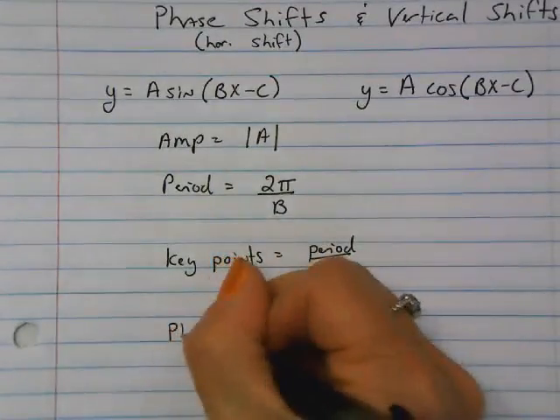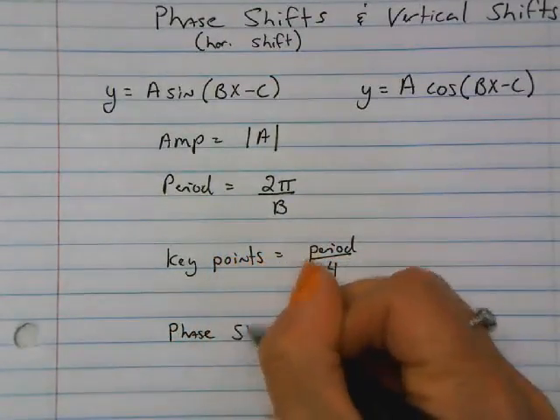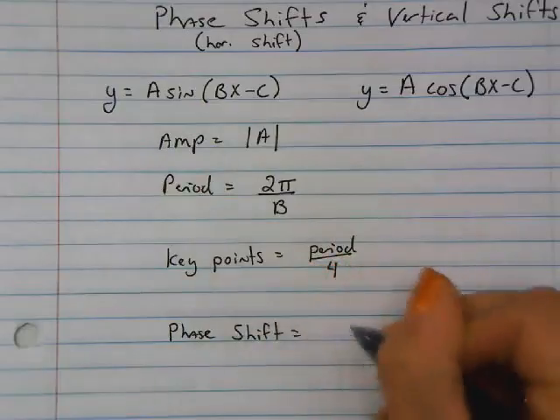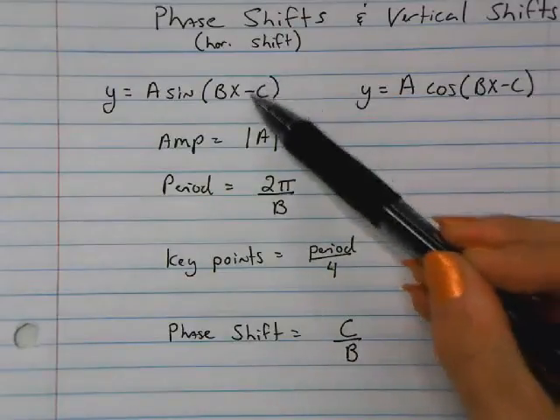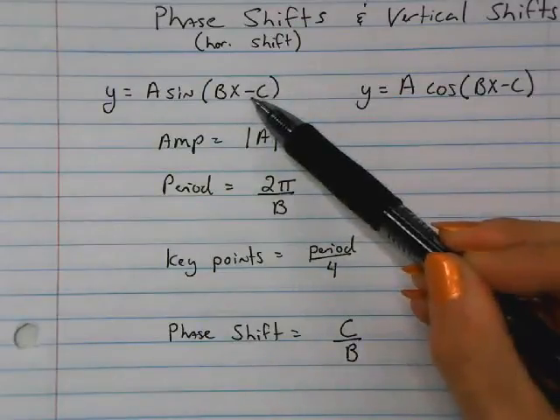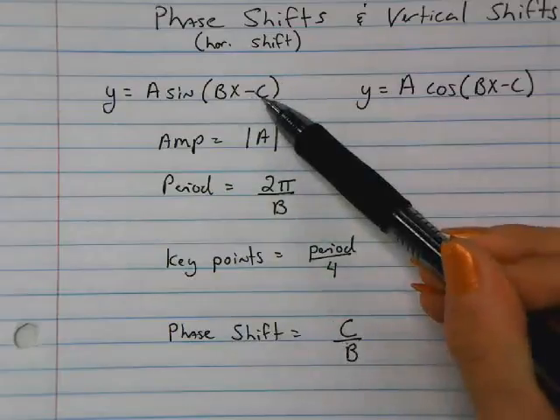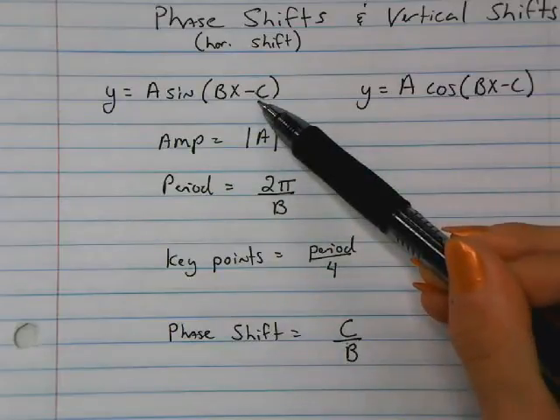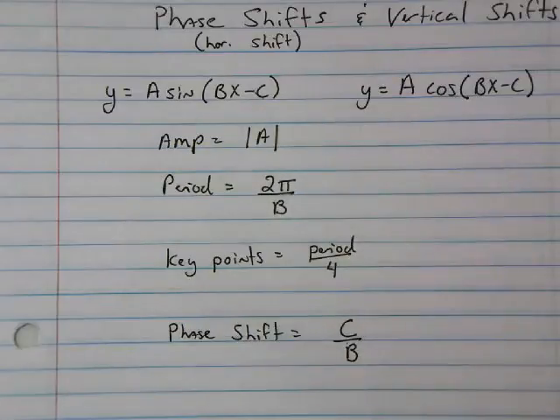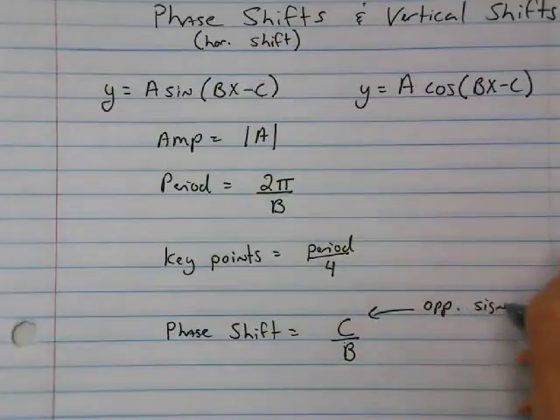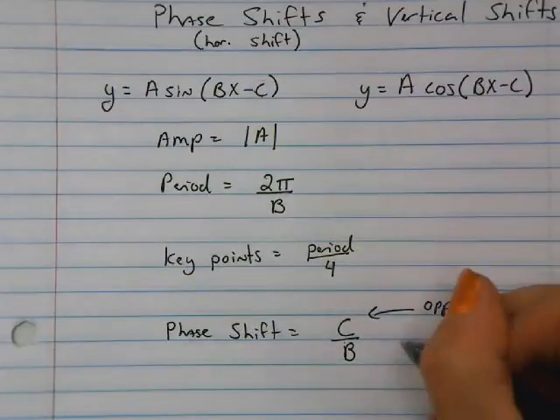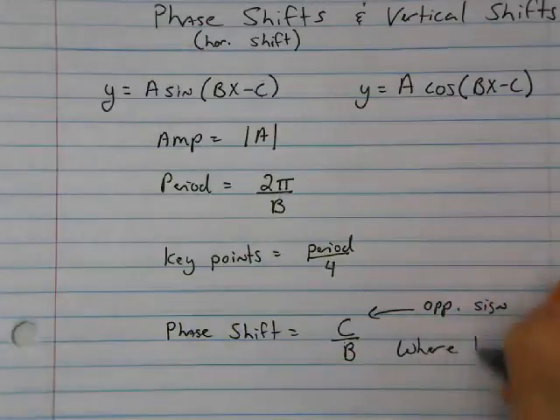Now, the phase shift, and this is important, is C over B. So really, you're taking the opposite sign of what you get here. Because remember, this would really be moving to the right because it's a negative. You think it should go left, but it goes right. Okay? So it has the opposite sign. And it is where the curve begins, or where the graph begins.